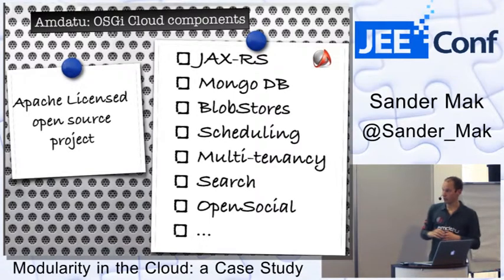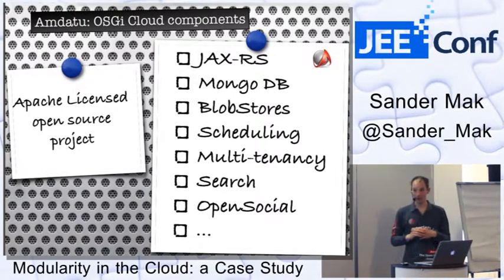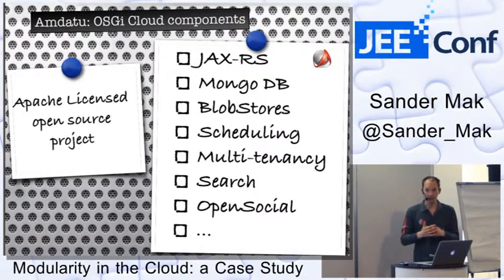It contains a MongoDB implementation, which not only creates a nice bundle that you can use in OSGi, but also a service on top of this bundle, an OSGi service, in which you can very easily obtain a managed connection to a MongoDB database. Well, I don't have enough time to walk through all of them. If you're interested in this, at amdatu.org, you can find them all. And this will only grow the more projects we are building in this architecture.